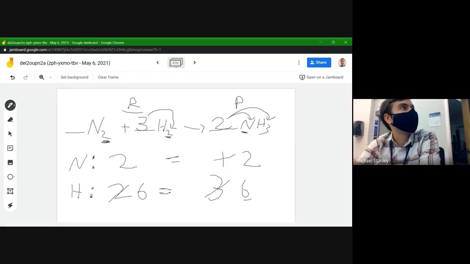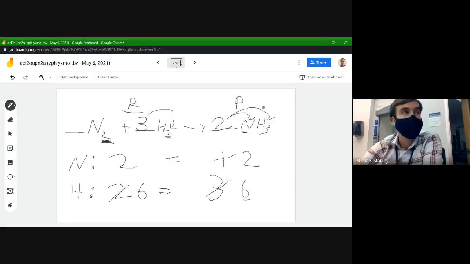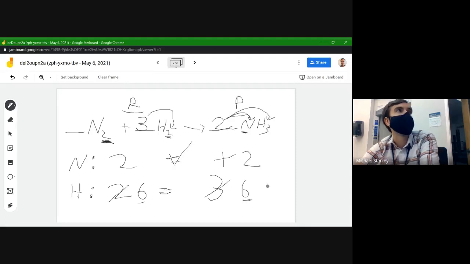We've got 2 nitrogens over here on the reactant side and 2 nitrogens on the product side. So that checks out. That's balanced. We have 3 times 2 is 6 hydrogens on the reactant side. And 2 times 3 is 6 hydrogens on the product side.